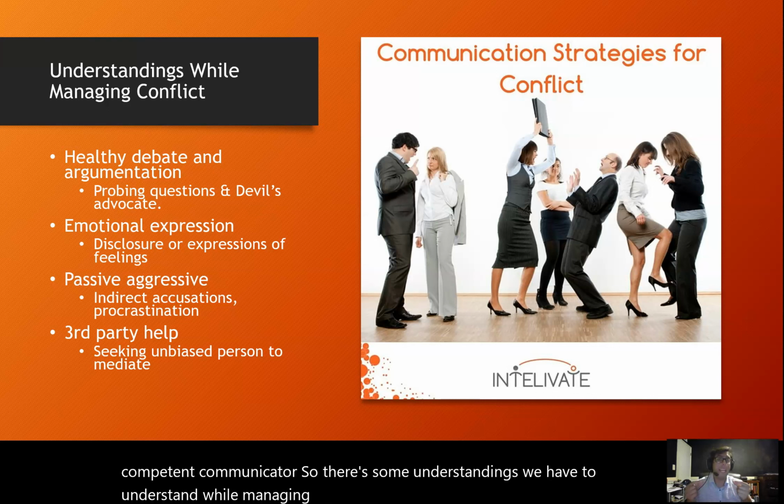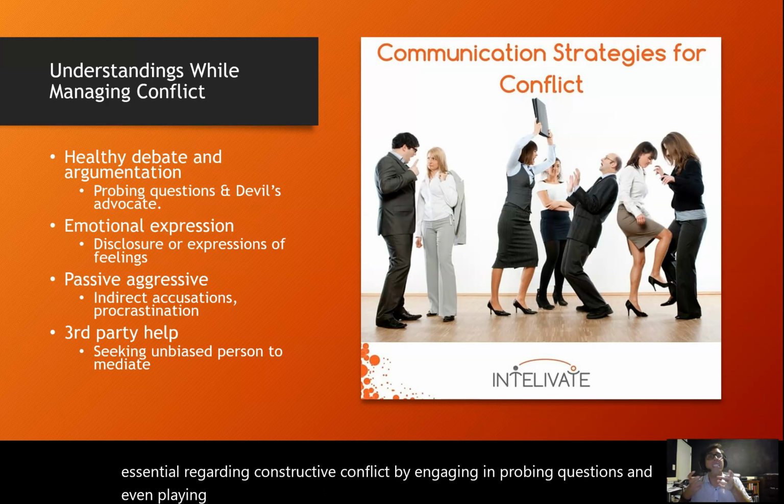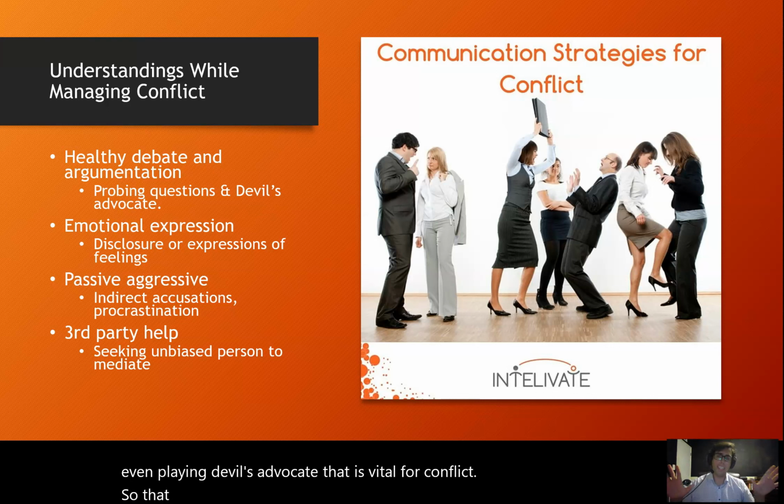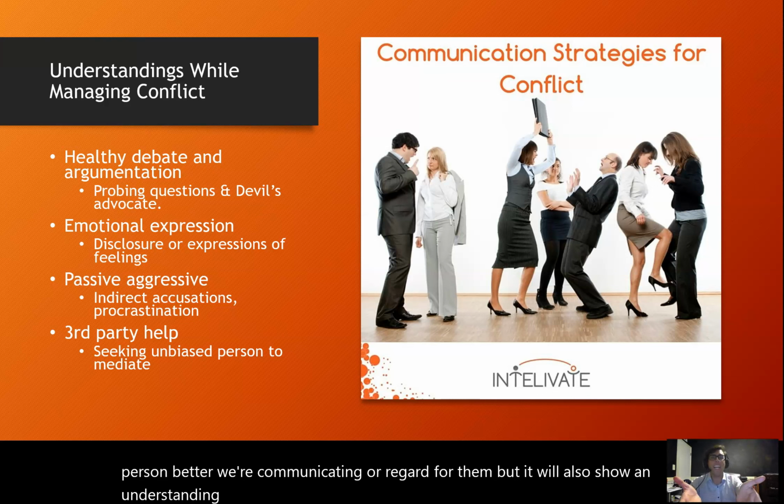First, healthy debate and argumentation is essential regarding constructive conflict. Engaging in probing questions and even playing devil's advocate is vital for conflict, so that we have multiple perspectives. And when we understand the other person better, we're communicating a regard for them, but we'll also show an understanding of their perspective in the solution, so that we can reach these win-win scenarios.